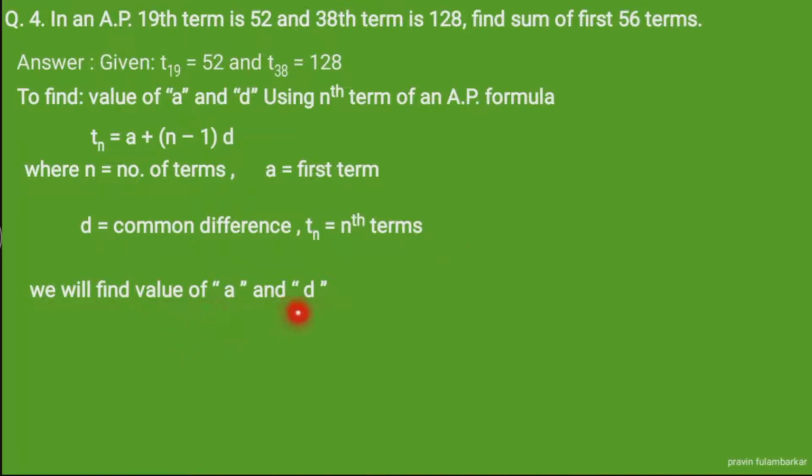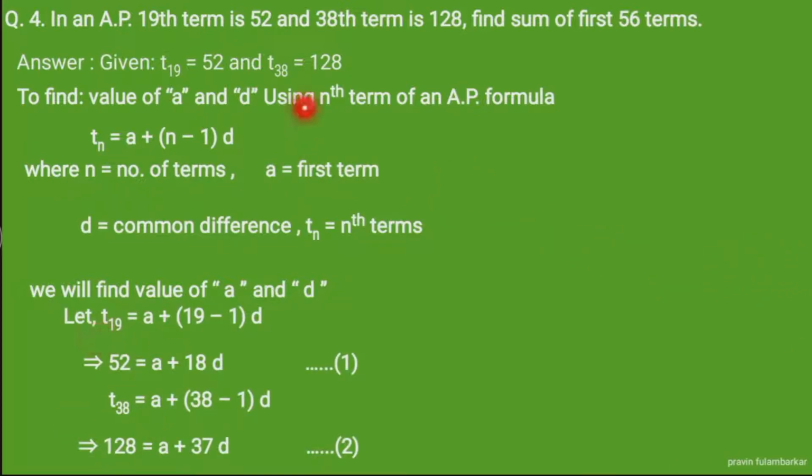So we find A and D from this formula: Tn equals A plus n minus 1 into D. For T19, we replace T19 as 52 and the value of n as 19. So we write T19 equals A plus 19 minus 1 into D. 19 minus 1 is 18, and T19 is 52. So we denote this as equation number 1.